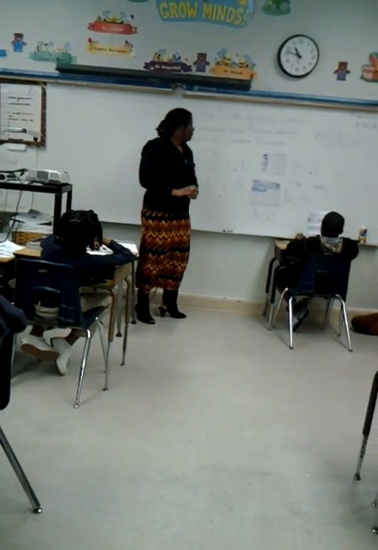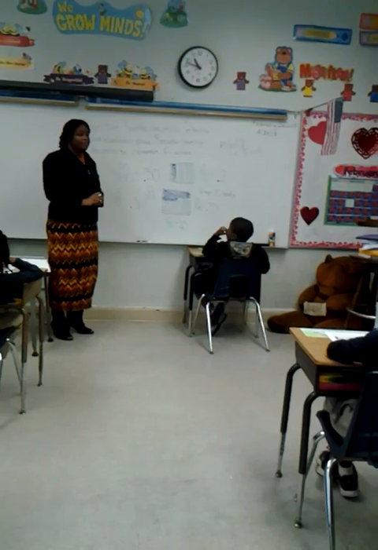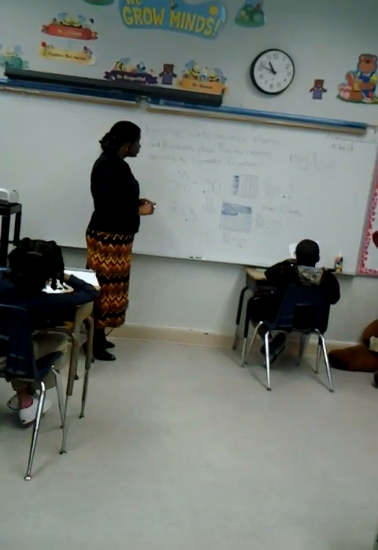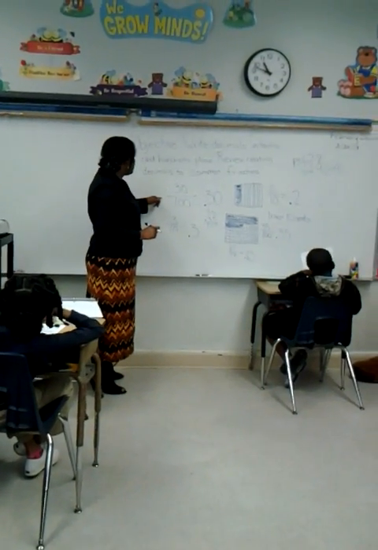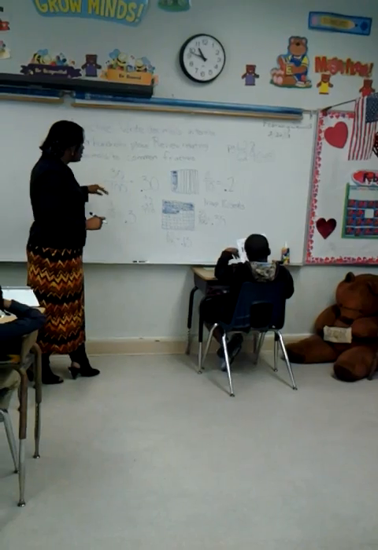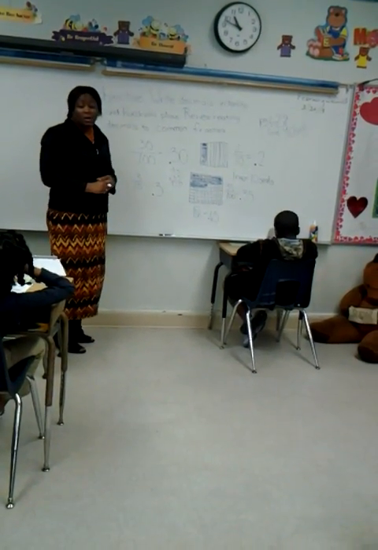0.65. Very good. Now, let's talk about whole and mixed numbers. We reviewed relating decimals to common fractions, and you guys have that down. So you should be able to do your worksheet.